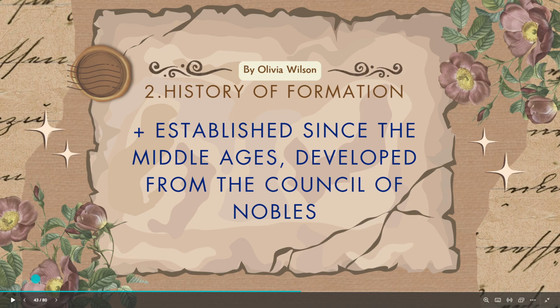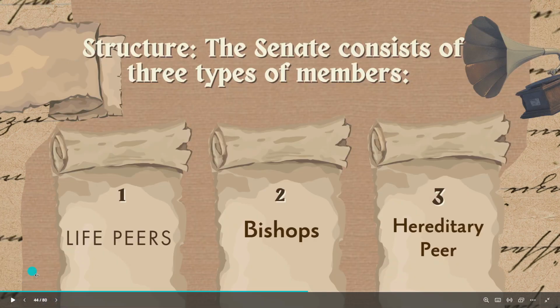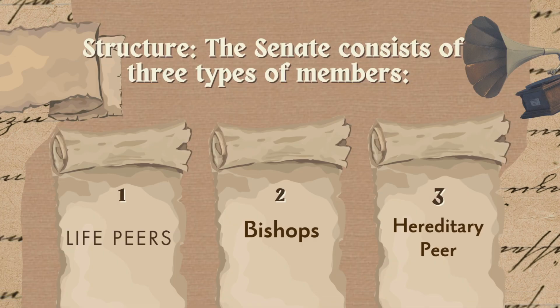In the 13th century, King John convened an assembly of nobles and bishops, thus forming the first model of a representative body, and it has existed since the 13th century until now.